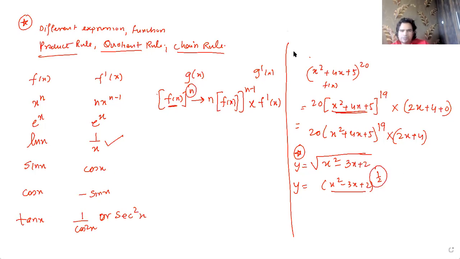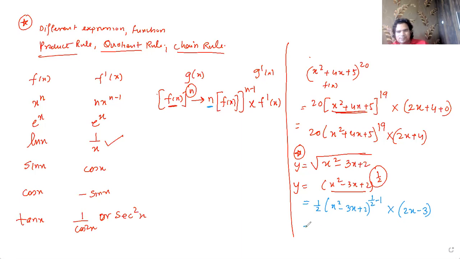When you do the derivative, you take n, which is half, times f of x, which is x squared minus 3x plus 2, to the power half minus 1, which is n minus 1, times the derivative of f of x, which is 2x minus 3. Because the derivative of x squared is 2x, of minus 3x is minus 3, and of plus 2 is 0.